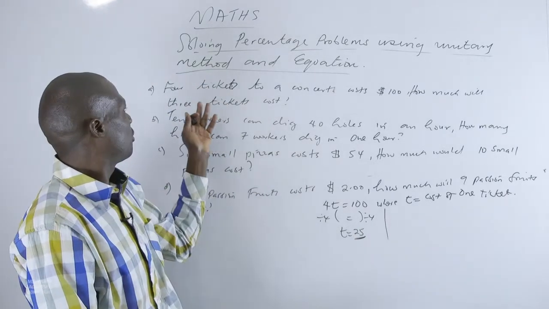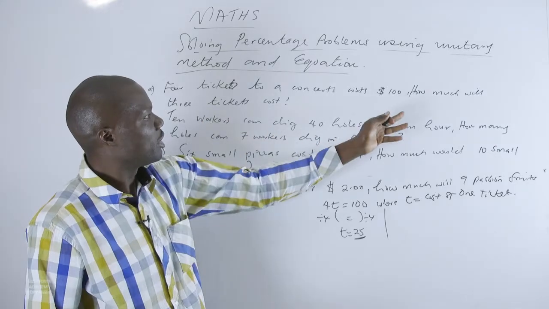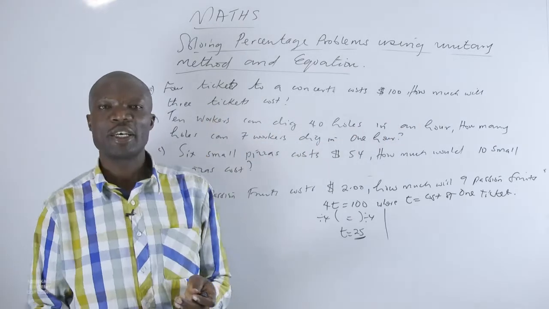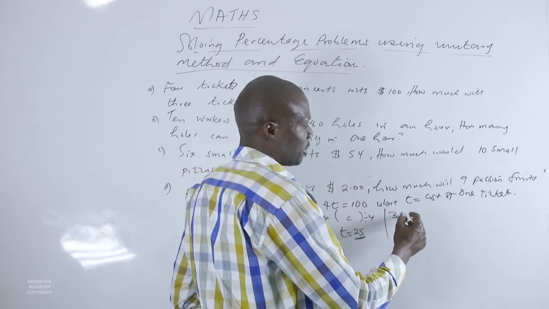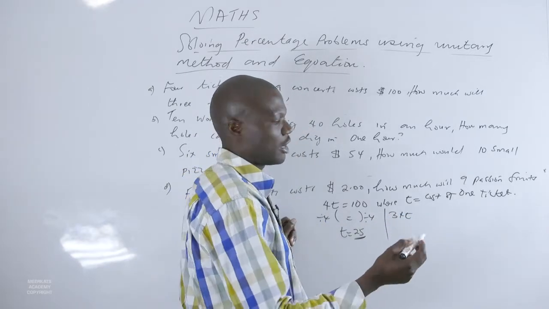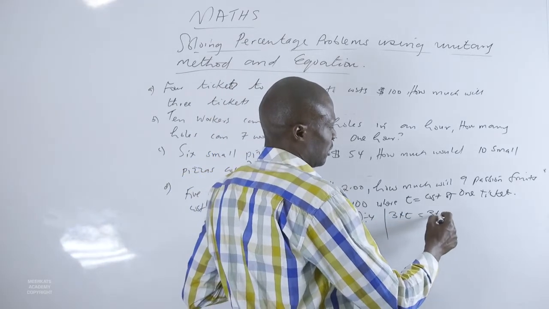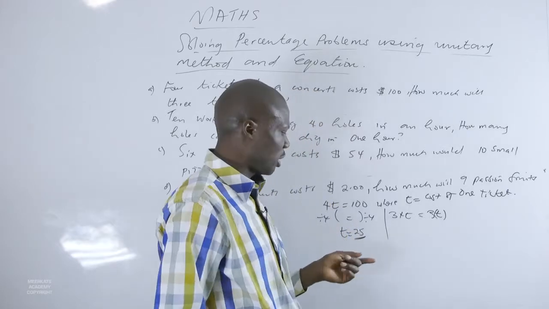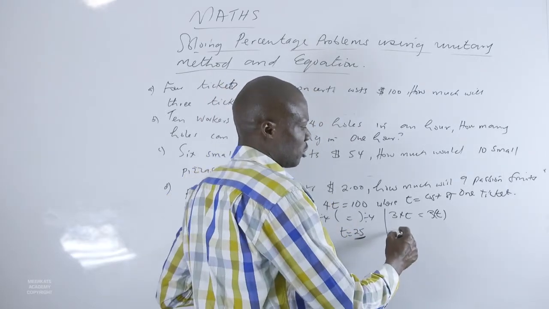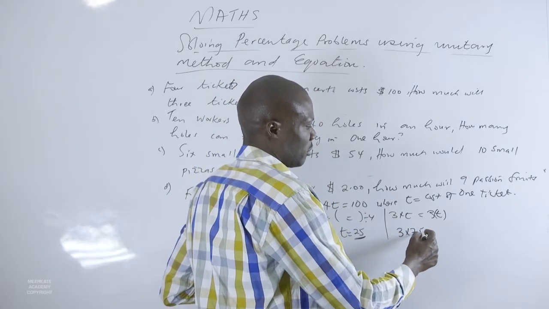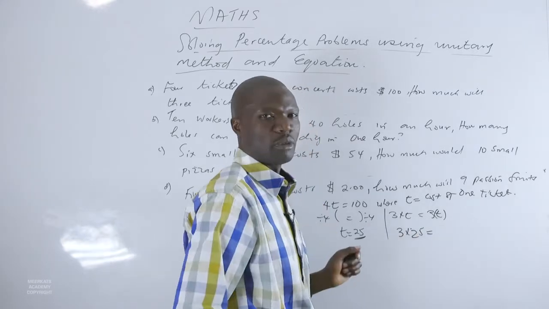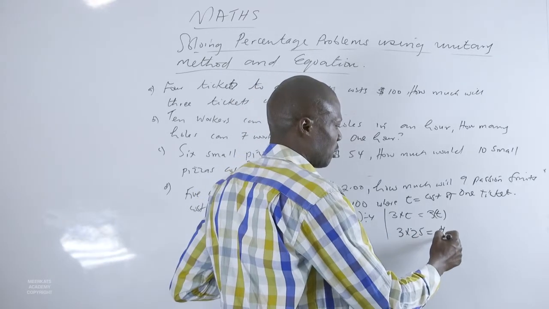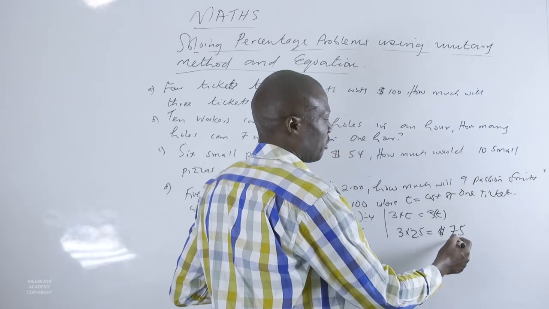Having gotten T as $25, we are asked how much 3 tickets will cost. These 3 tickets will be 3 times T, which is 3T. Substitute the value of T with 25, so it will be 3 multiplied by 25, which gives us a total of $75.